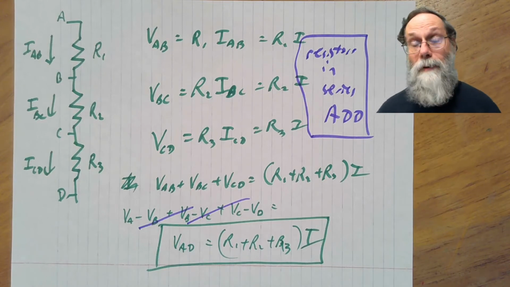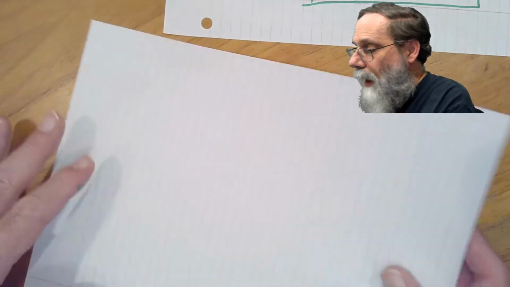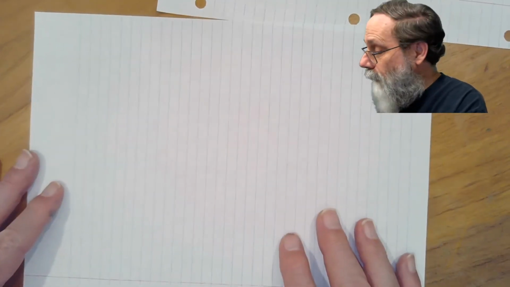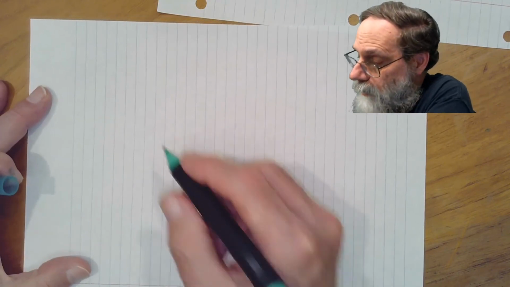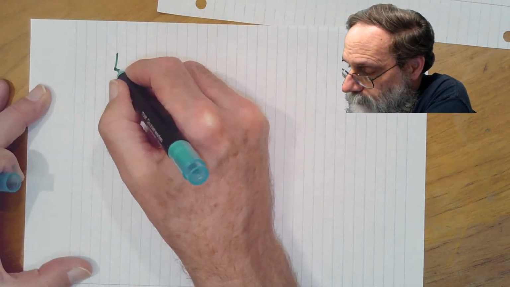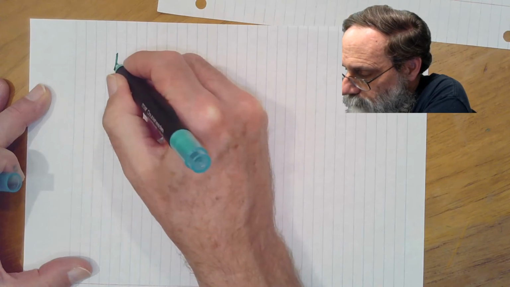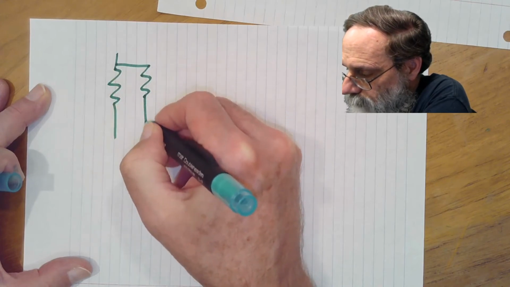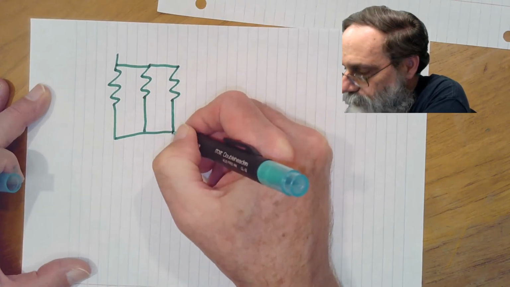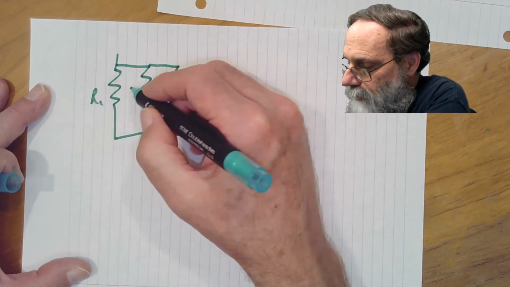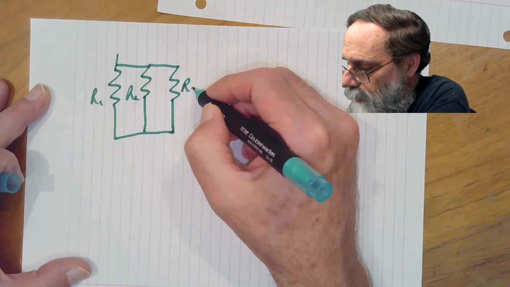Okay, I said that was a simple case. Let's look at a slightly more complicated case. Another common way of connecting resistors is in parallel. Let's do again 3 resistors, R1, R2, R3.